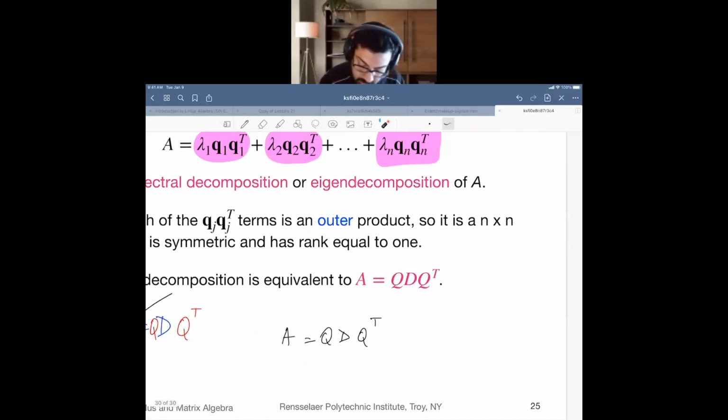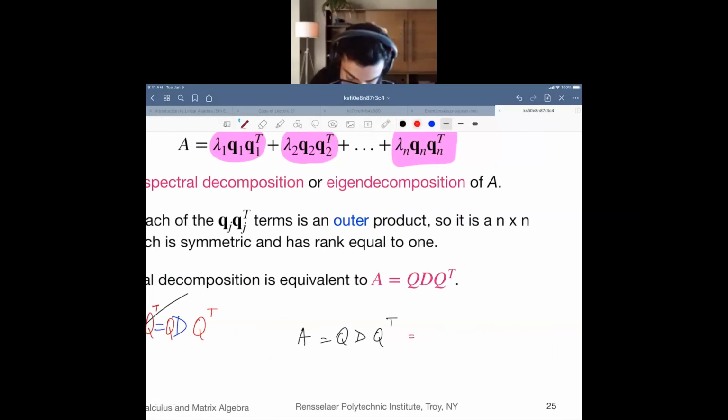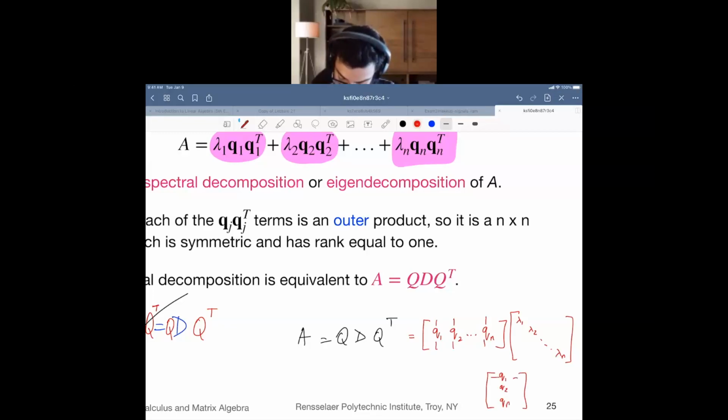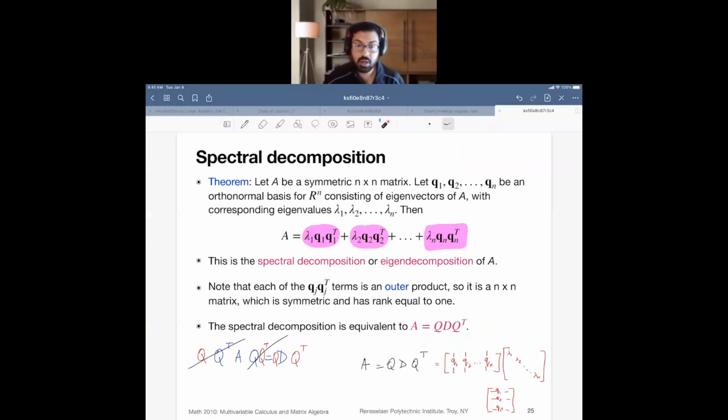We can write this as A equals Q1, Q2, Qn, which are all column vectors here, multiplied with the diagonal matrix of lambda 1, lambda 2, up to lambda n, and then multiplied by Q1, Q2, Qn, which are all transposed. If you carry out the multiplication, you will get back the symmetric square matrix A. All right, this is all I have for you guys for today.